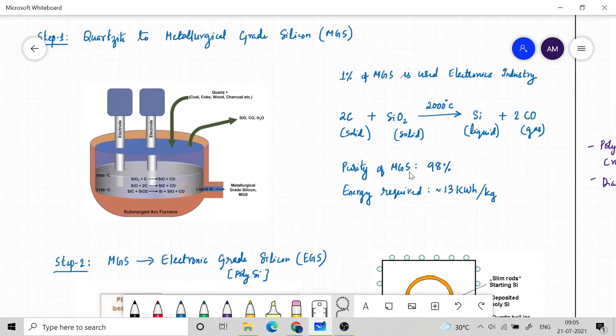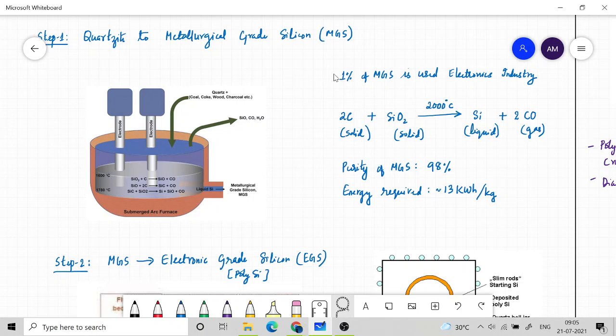This metallurgical silicon is mainly used for other industries, especially all the engines in your vehicles. They are made up of material which involves some aluminum, so to create certain alloys, they are mostly used in making machines and engines.